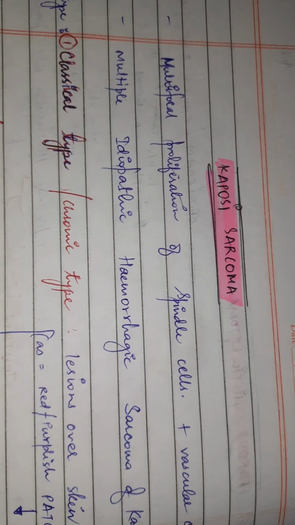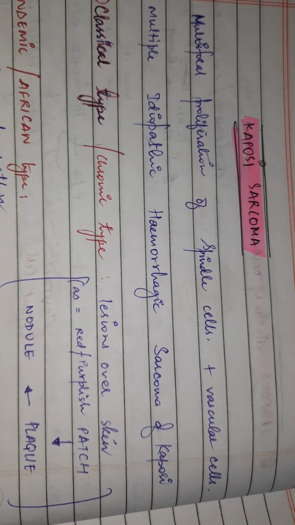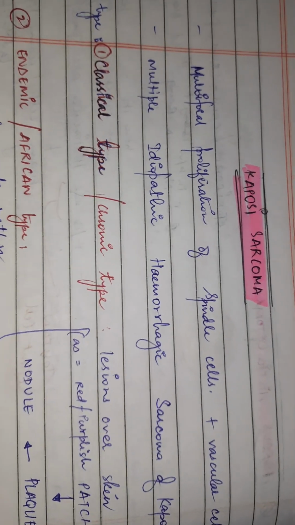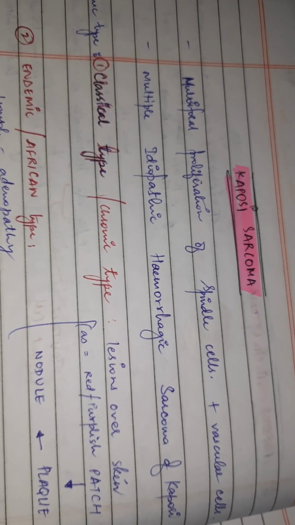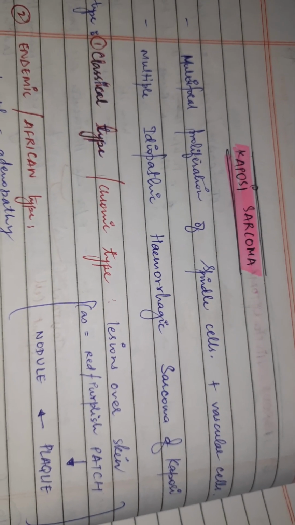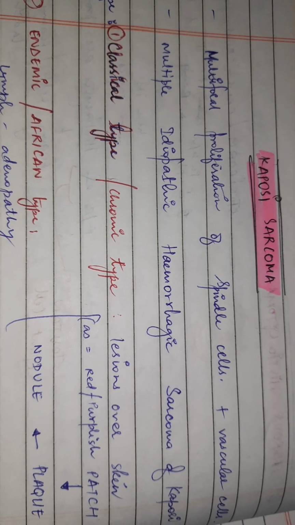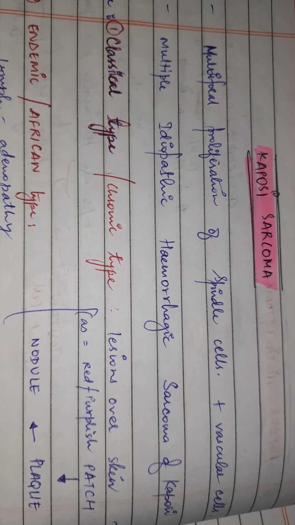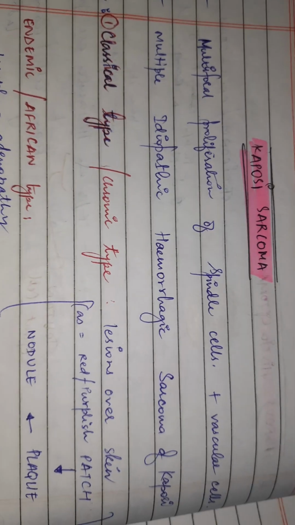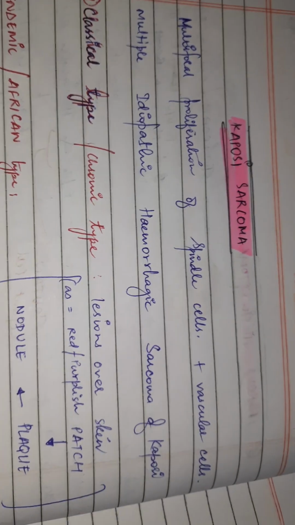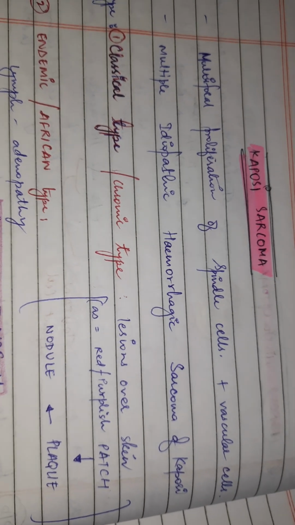Kite or animal shape. Then Kaposi sarcoma. It is a multifocal proliferation of spindle cells and vascular cells.